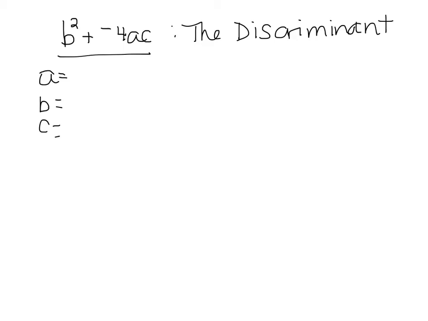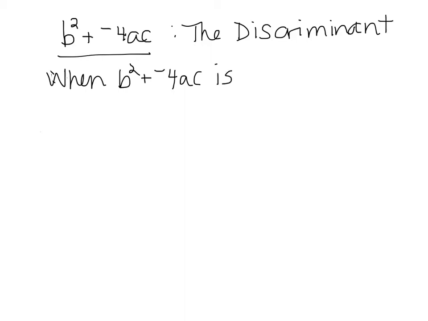The reason the discriminant is helpful is because when b squared plus negative 4ac is positive, that tells us there are two solutions.